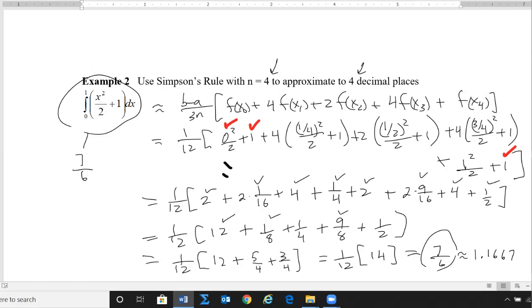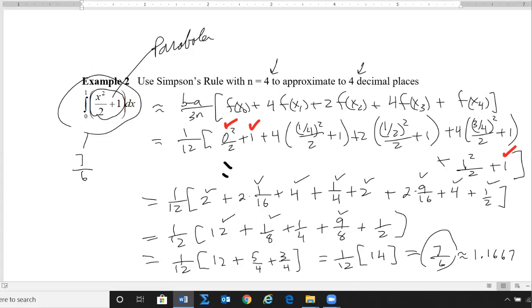And well, that seems appropriate since this function is a parabola itself. So when you're taking your points, x1, x2, x3, and so forth, to form the approximate curve, you're taking points off of the parabola to approximate a parabola.